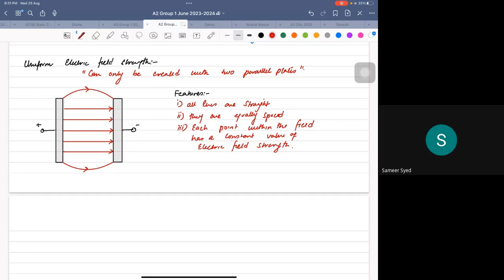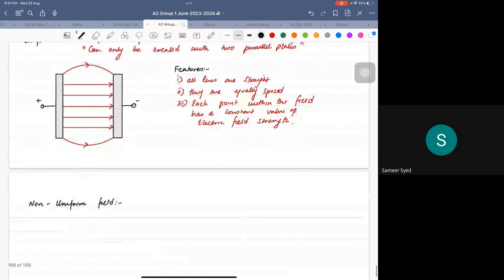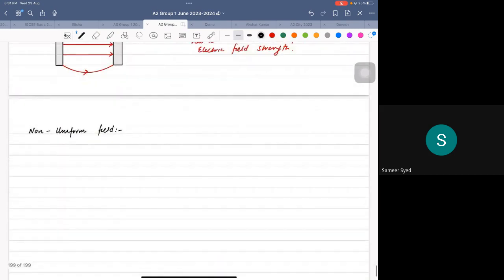Now let's look at the non-uniform field and try to understand how it differs. For example, you have a charge, which is positive, and then you have a plate like that, which is negative.